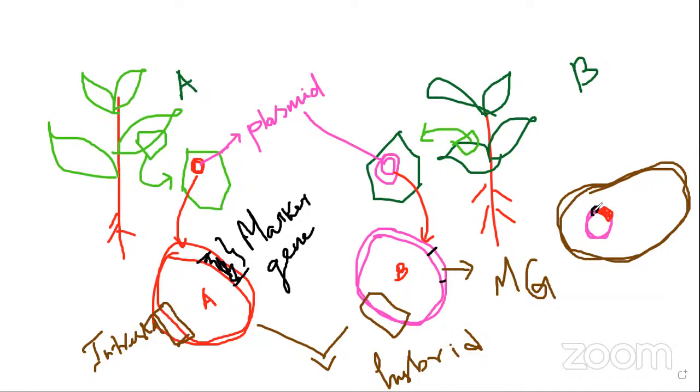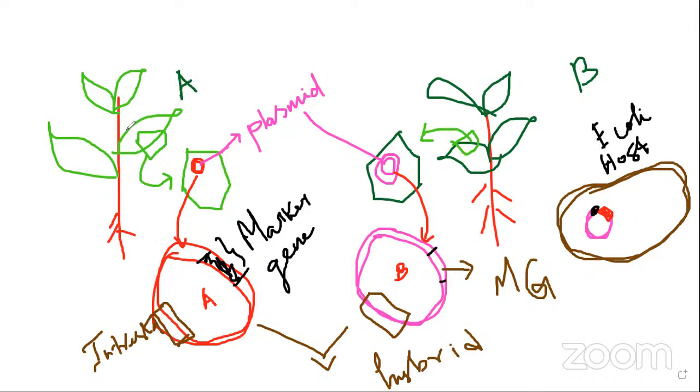Now the replication takes place within the host. This is the host. Already know about it, maximum E. coli. E. coli is one of the bacteria, and it is also one of the vectors used mostly.